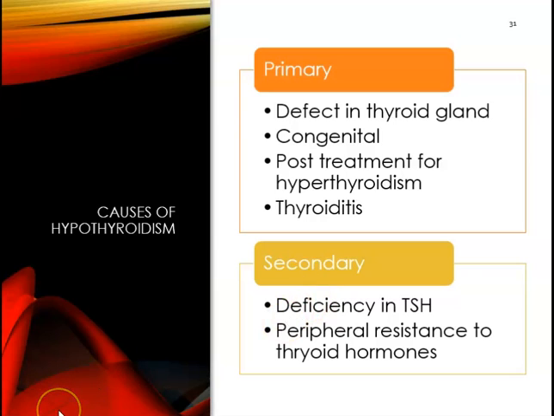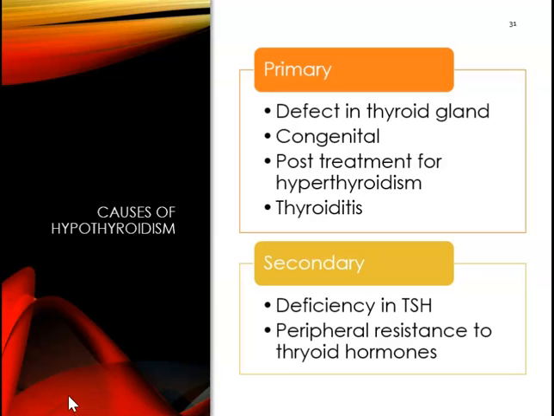So hypothyroidism can either be primary or secondary in nature. Primary is going to be the most common, and it is caused by thyroid gland dysfunction, congenital defects in the gland, loss of thyroid tissue following treatment for hyperthyroidism with surgery or radiation, and anti-thyroid medications or thyroiditis, which is an inflammation of the gland.